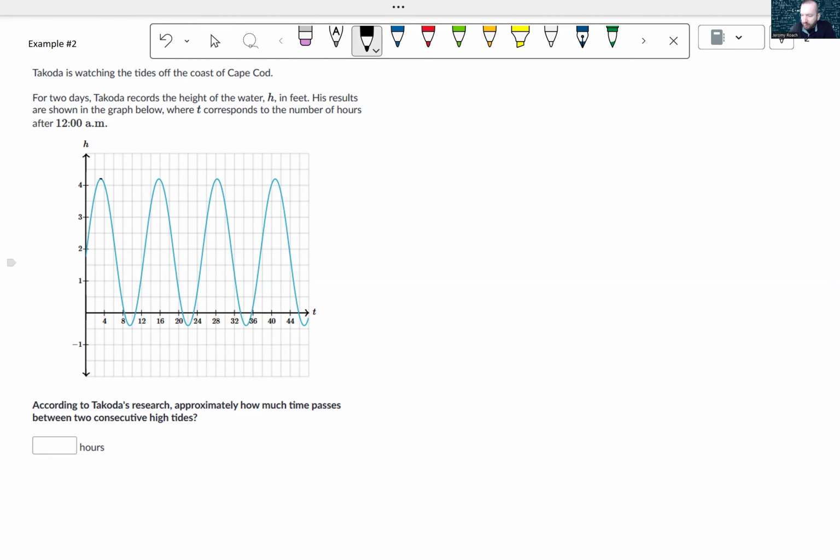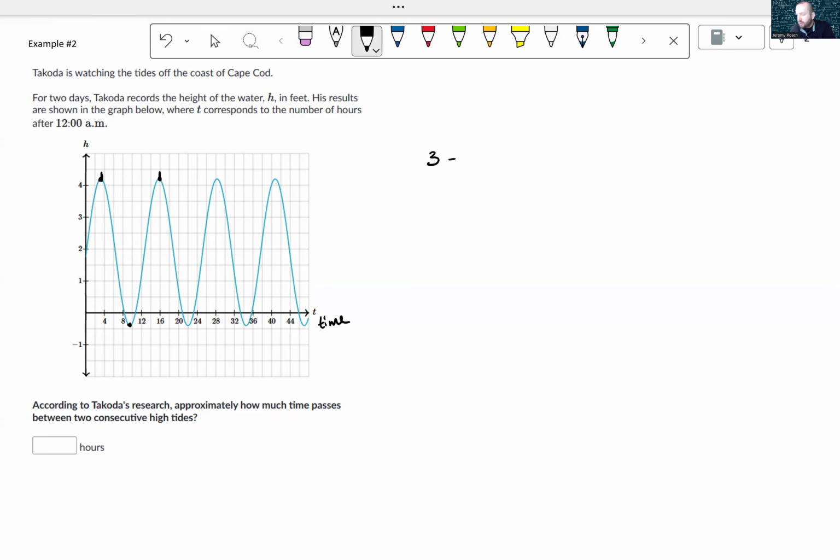So here's a high tide, here's a low tide, here's another high tide, and the cycle repeats itself. And so we just want to know how much time goes by. Well, time is on the x-axis, and so the time is from here to there. And it looks like we're at about 3 for one of our times, and the other time looks like it's at 16.